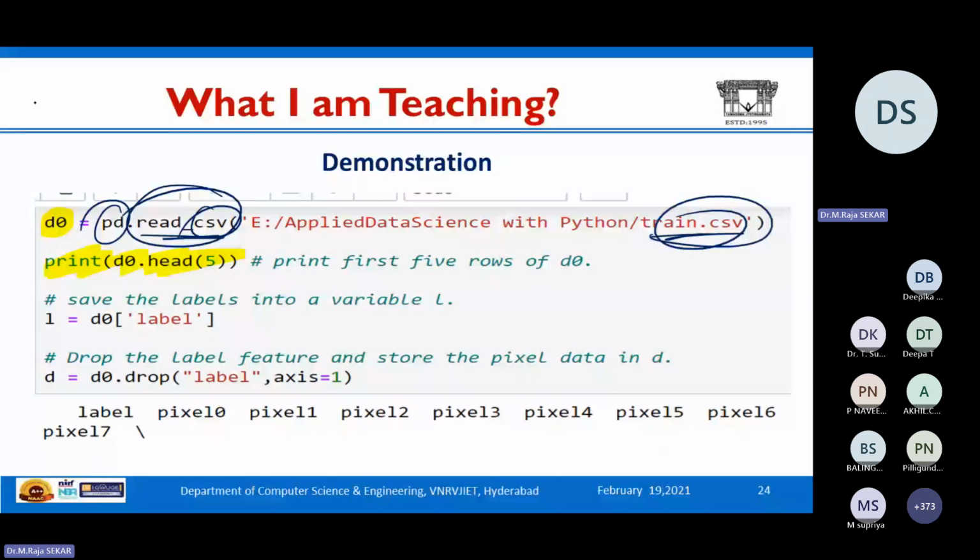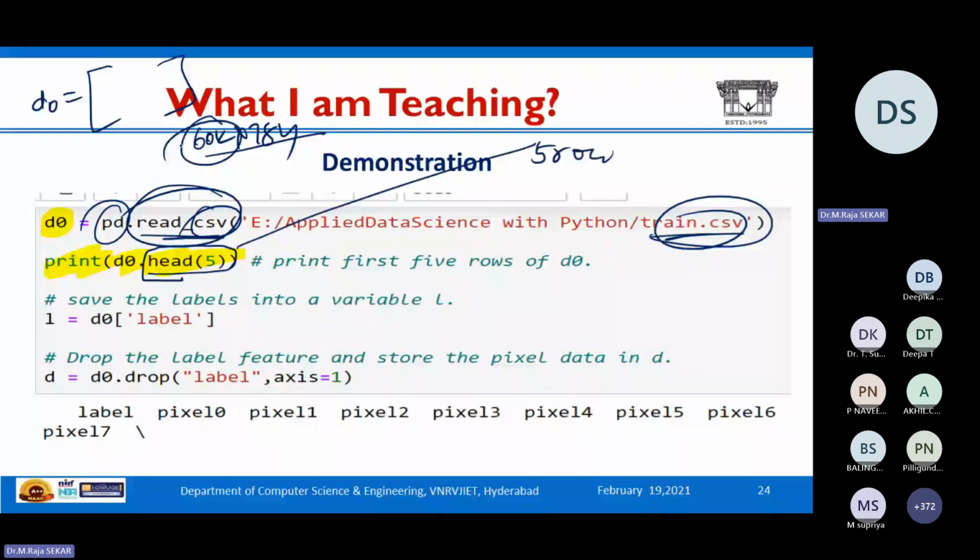My data set is 60,000 into 784. Now I am displaying only the first 5 rows, not the entire 60,000 rows, because it's difficult to see on my screen. Head 5 means I am displaying the first 5 rows.